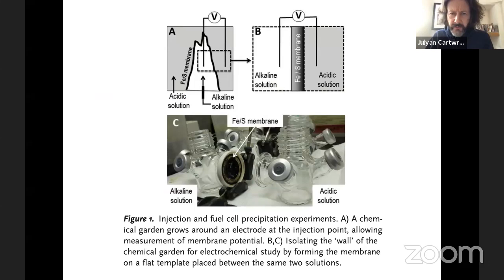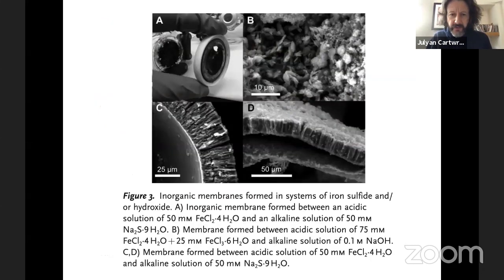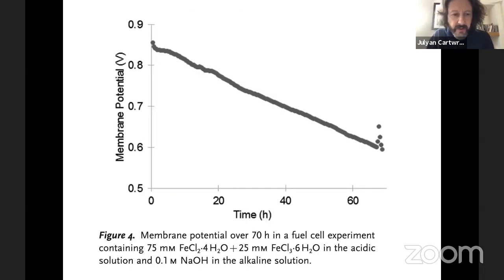So in fact, one can perform experiments with chemical garden membranes by putting voltmeters into a system and looking at the voltage across these membranes, and one can play with this system in the laboratory and get some quite nice results, both on the composition of the membrane and on the voltage across the membrane, which is shown here.